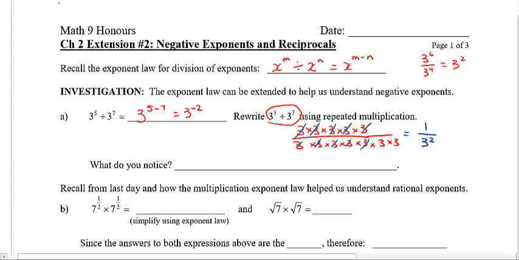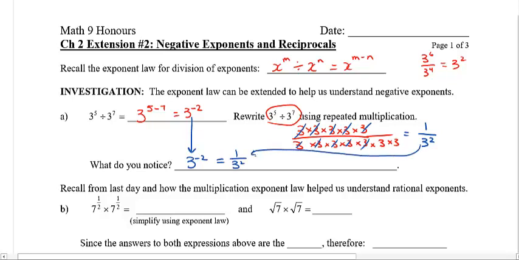What do you notice then? Well, hopefully you can see that 3 to the power of negative 2, the answer from here, is equivalent to 1 over 3 squared, the answer from over there. And what does that mean then?